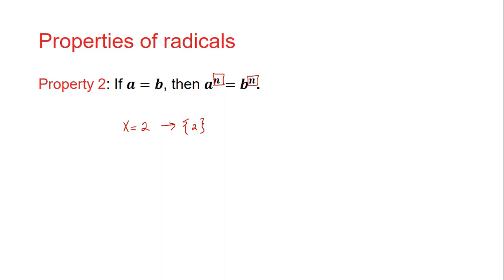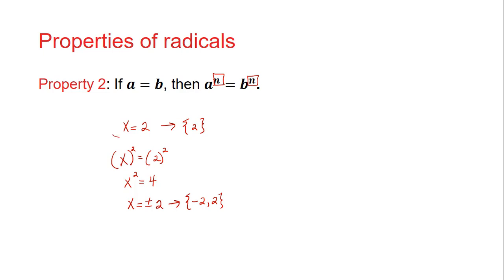So if I square each side, I get the equation x squared is equal to 4. This is a quadratic equation that I can solve by applying the square root property, which states that x is equal to plus or minus the square root of 4, plus or minus 2. So the solution set of this squared equation is negative 2, 2.